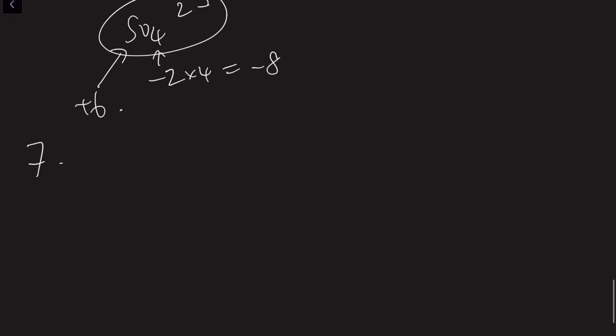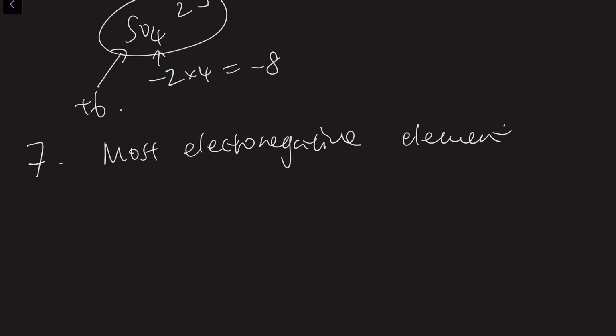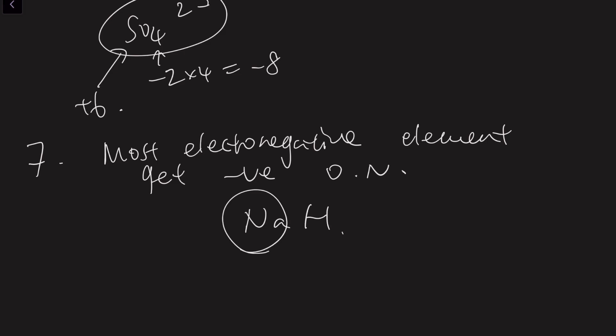The last rule. The most electronegative element gets the negative oxidation number. In this example, the sodium atom only has one valence electron, so it really wants to get rid of this valence electron.